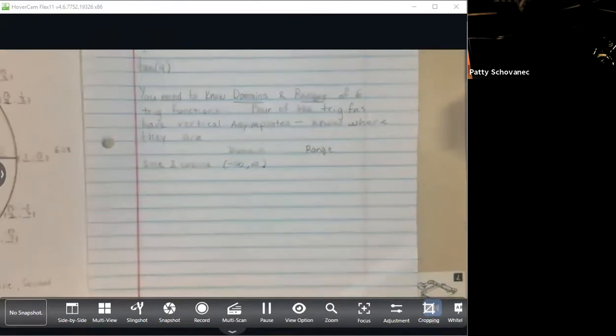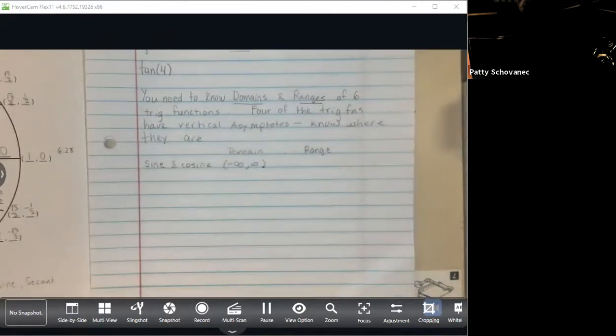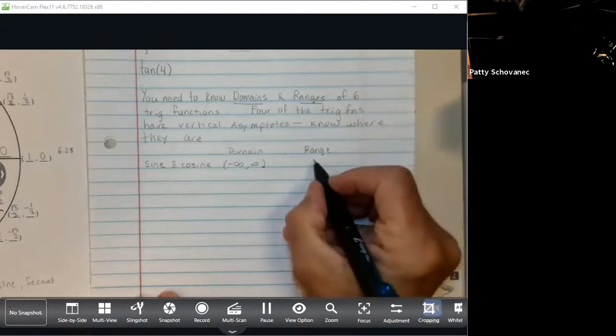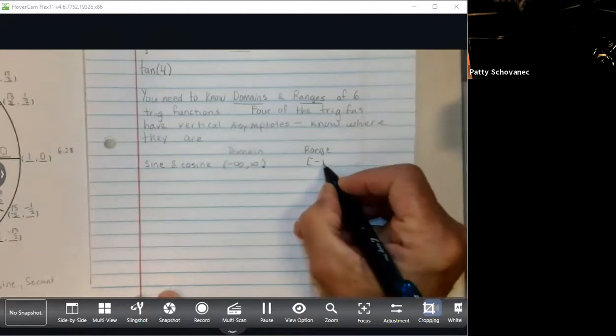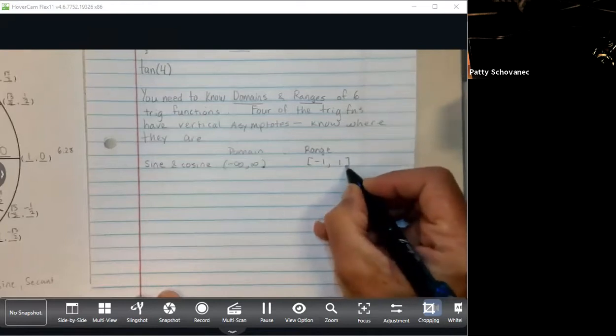What kind of values do we get when we take the sine or cosine of a number? Positive, negative, how big? Can I get the cosine of a number to give me 4? We're on the unit circle. Cosine is never bigger than 1 and is never smaller than -1. So the range of the cosine and the sine are outputs between -1 and 1.